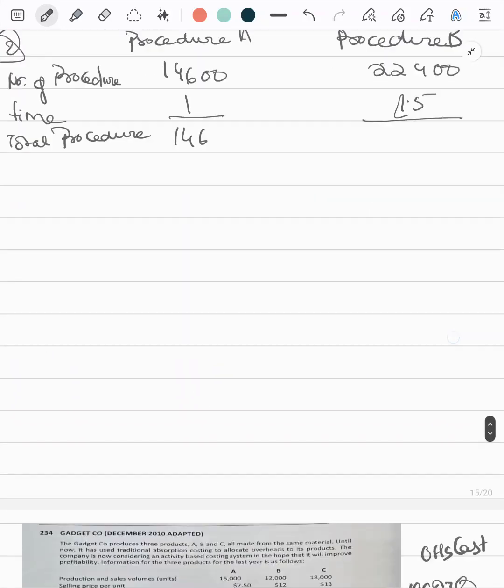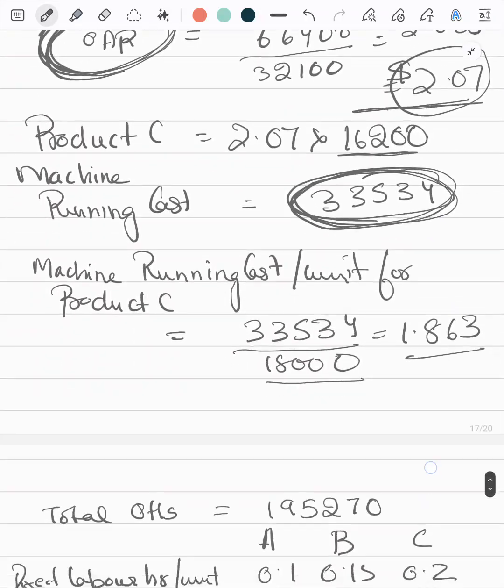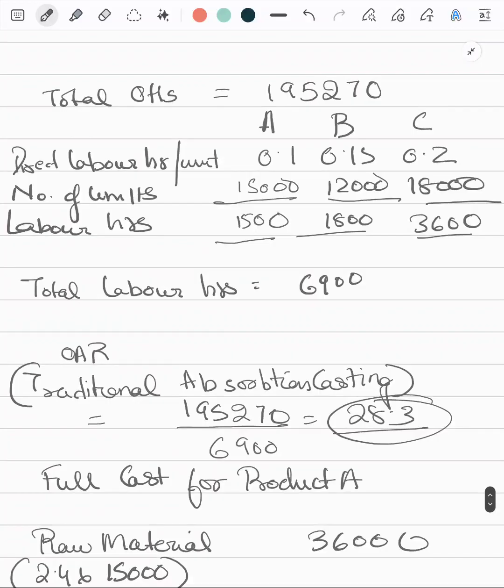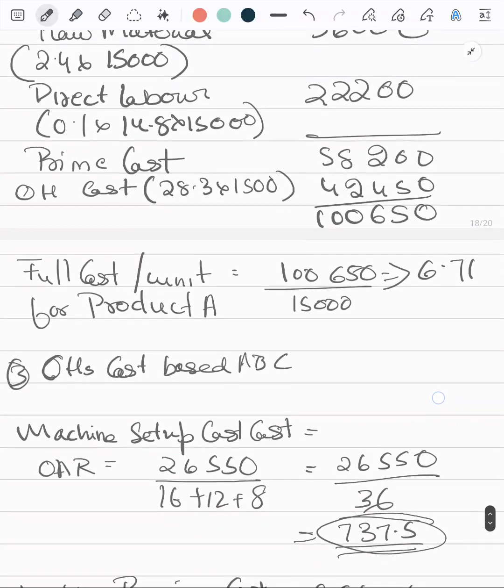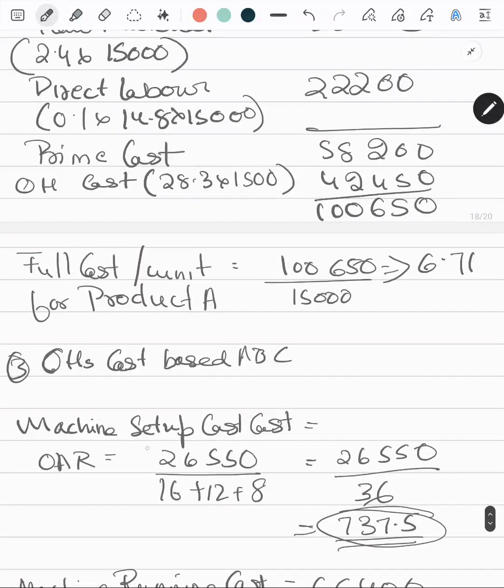I had solved this question over here. So I had used this for machine setup cost. As per statement 2, the machine setup cost would be lower for product C because the number of production runs is comparatively lower than for products A and B, which is true.